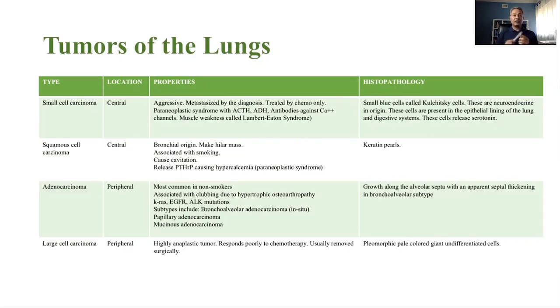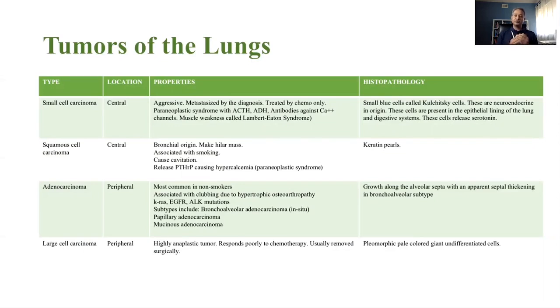Adenocarcinoma is most common in non-smokers and associated with clubbing of the fingers, which is the hypertrophic osteoarthropathy. KRAS, EGFR, ALK mutations occur. There are three subtypes that you should be aware of: bronchioalveolar, papillary, and mucinous.